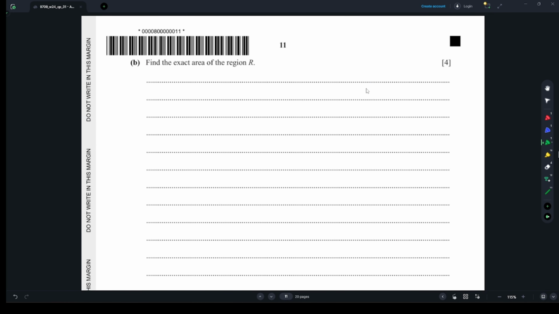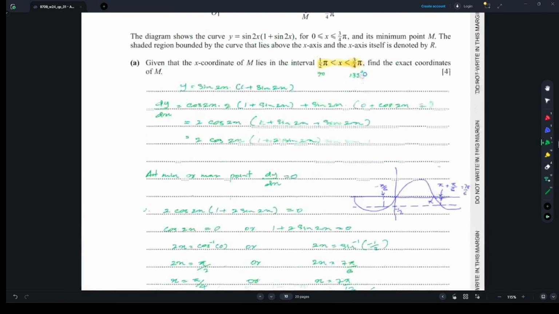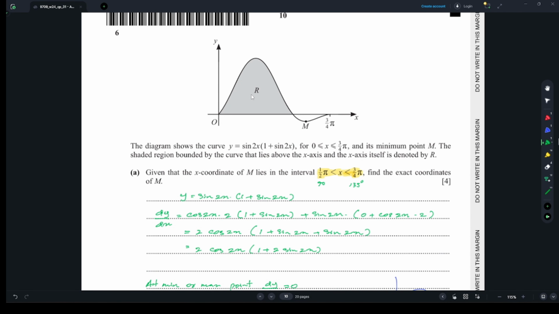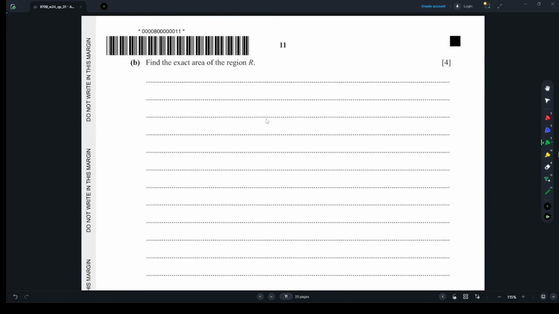Then part B, they are asking to find the exact area of the region R. So we know that this is a curve and you can use integration to calculate the area, right? So I can write like this: shaded area, I will use A, equals the integral of y dx.